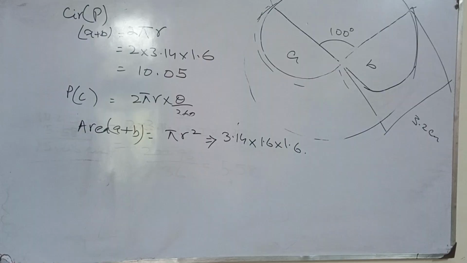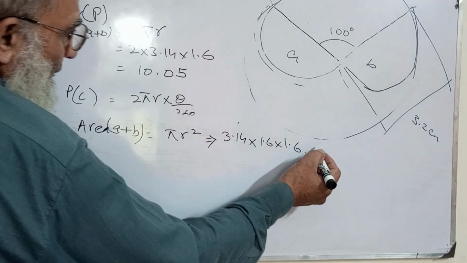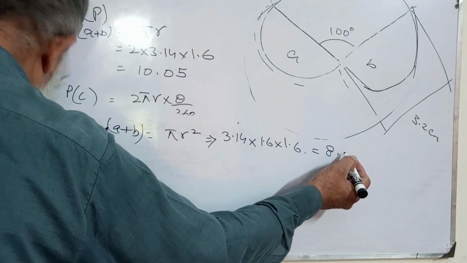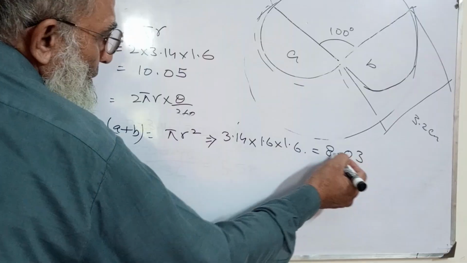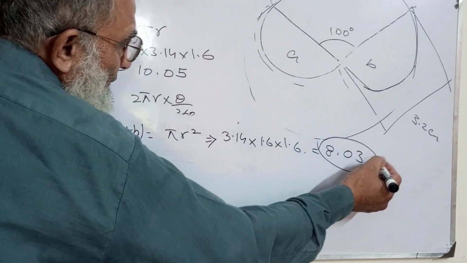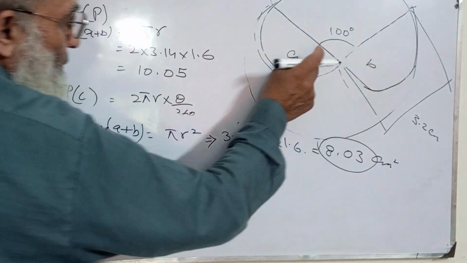If I calculate this, 3.14 multiplied by 1.6 multiplied by 1.6, it will become 8.03 centimeter square, the area of two half circles.